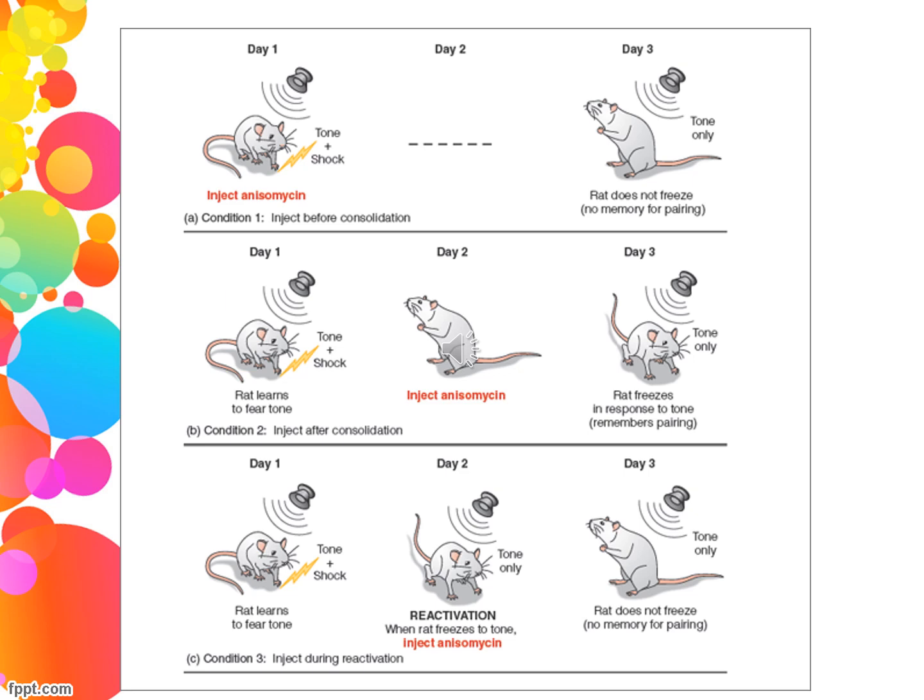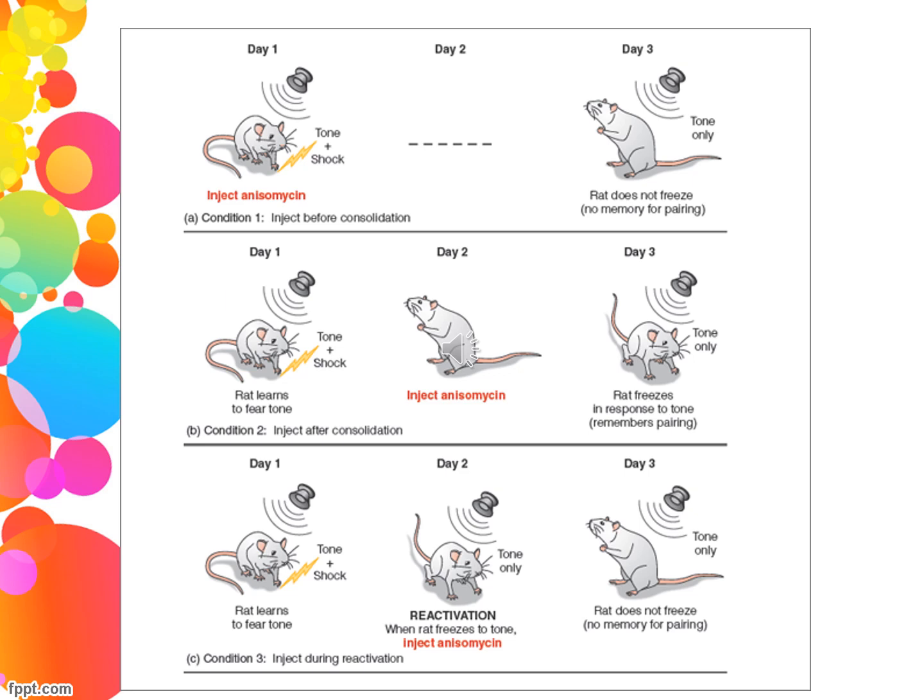They play the tone and see whether the rats will freeze or not respond at all. In this second condition, injected after consolidation, the rats freeze in response to the tone. It means that their learning is still there.